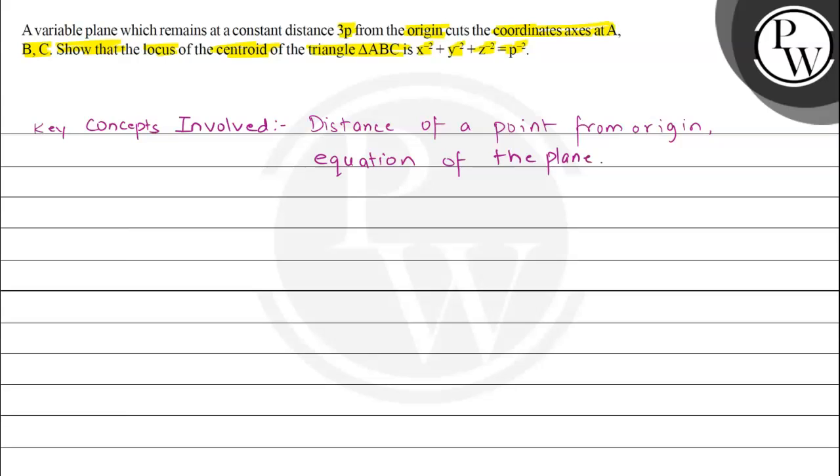If we know how to calculate the distance of a point from the origin and we also know how to write the equation of the plane, we can solve this problem.